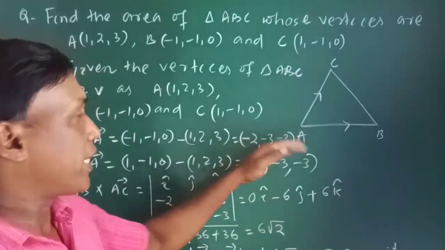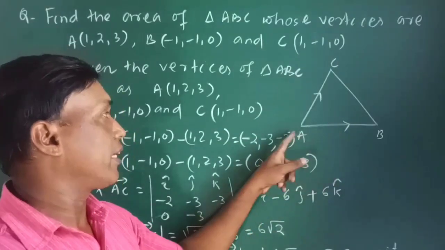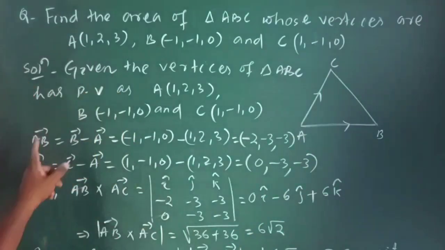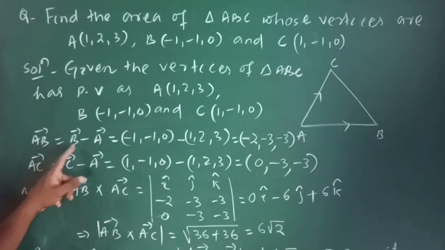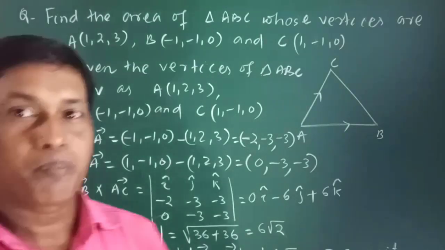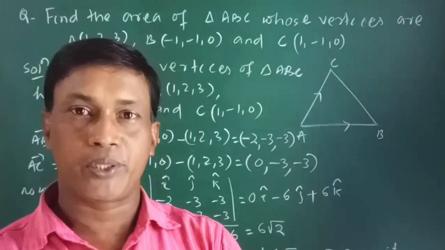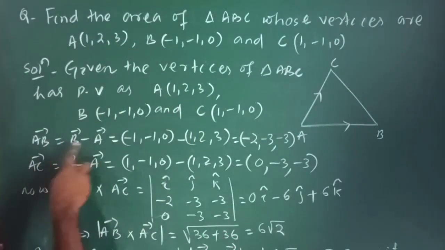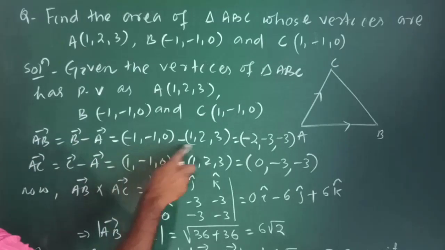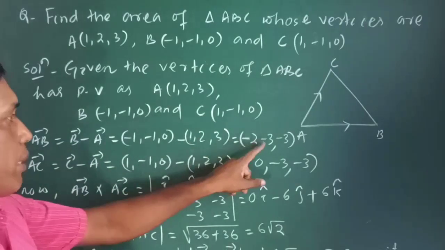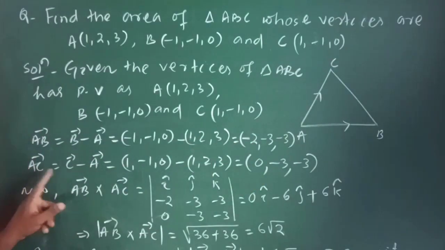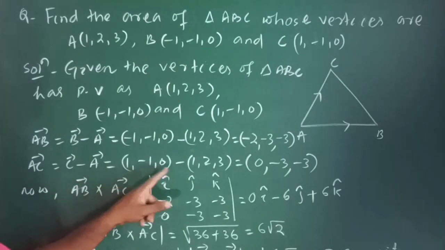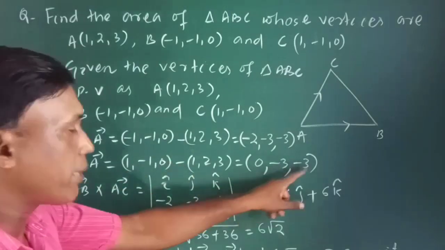So first find AB vector, then AC vector. AB vector is equal to B vector minus A vector, as you know, the position vector of the end point minus the position vector of the starting point. B vector minus A vector, and we find minus 2 minus 3 minus 3. AC vector is C vector minus A vector, which is 0 minus 3 minus 3.